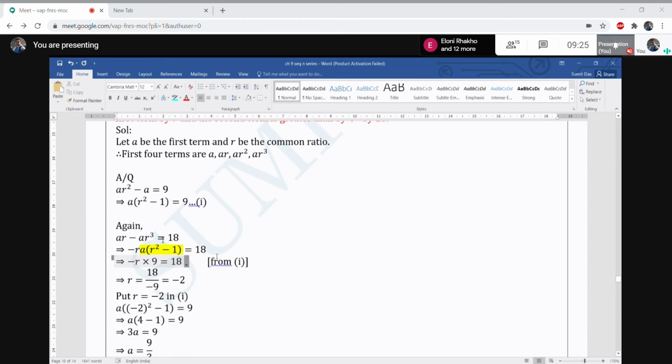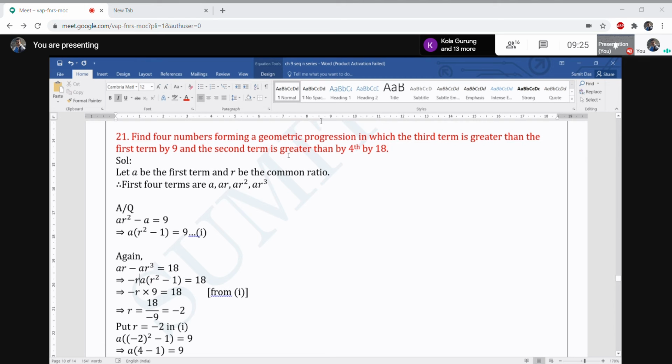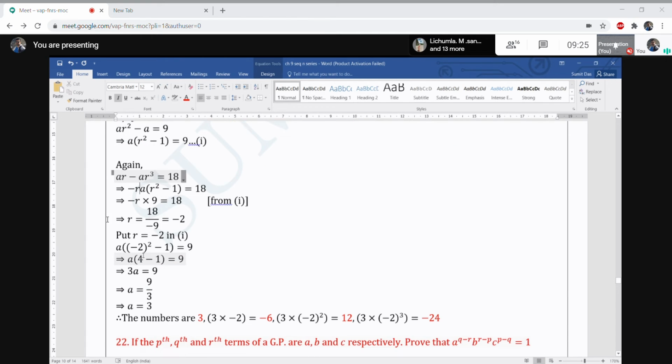On the second hand, it is saying that the second term is greater than the fourth term by 18. So second term minus fourth term: the second term is ar, minus the fourth term ar cube, that is 18. Now from here, ar minus ar cube, I'm taking minus ar common.